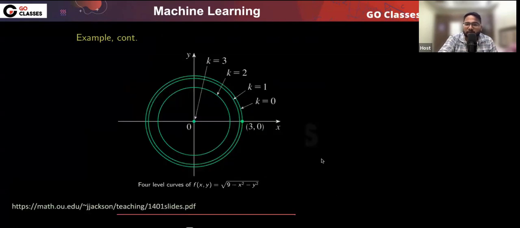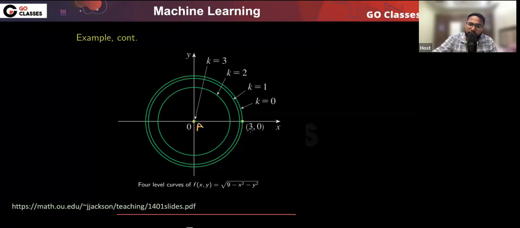For example, let's suppose this is some function which was in 3D, but I have put some values of k, for example k equal to 0, 1, 2, 3, like this, and I got these kind of points. Can you tell me whether the slope at this particular point is high or low compared to this point?